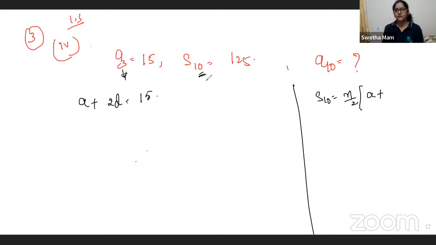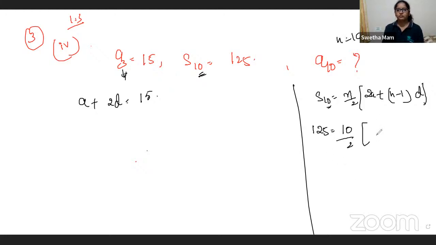We don't know the 10th term, so we have to write the formula only. So S10 is given, it is 125. And what is this 10? It is n. So n is equal to 10.